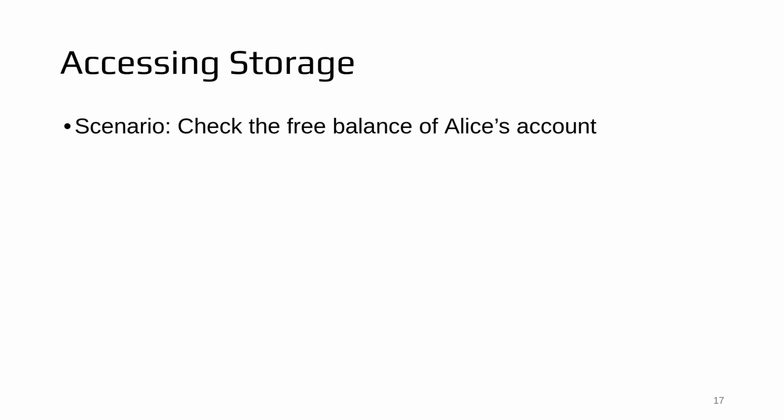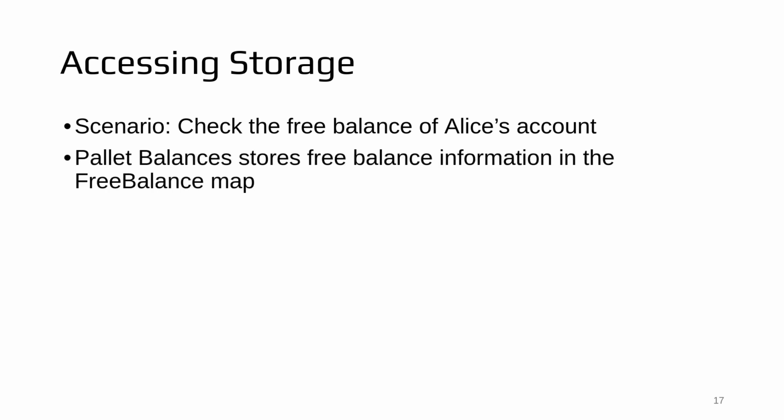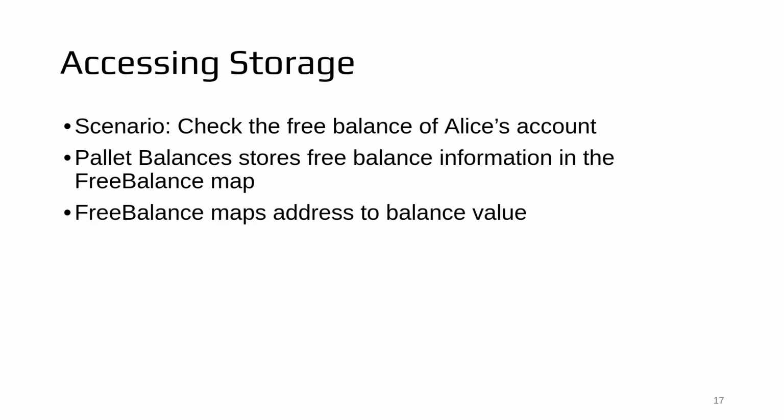Imagine you want to check the free balance of Alice's account. We're going to use the balances pallet because it stores the free balance information in a free balance map. The free balance map just maps the address to the balance value. From this information, we know the name of the pallet, which is balances, and the name of the storage item, which is free balance.